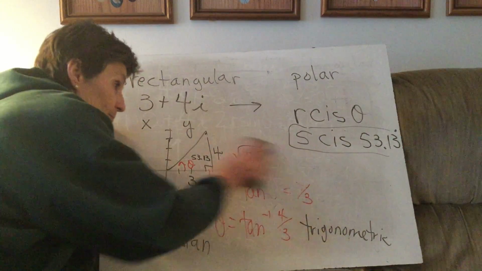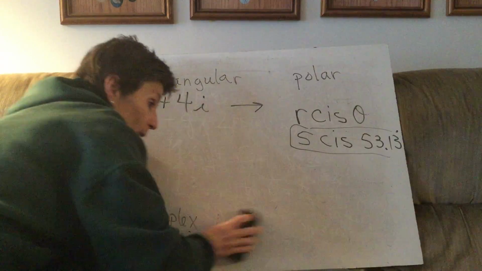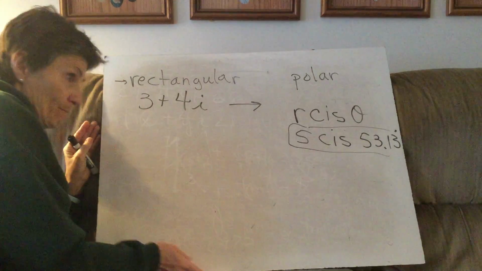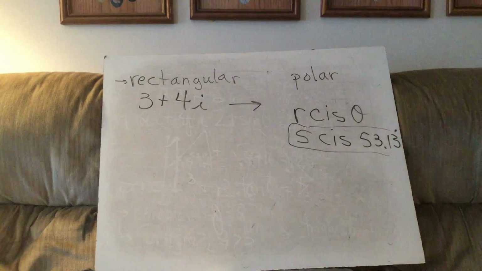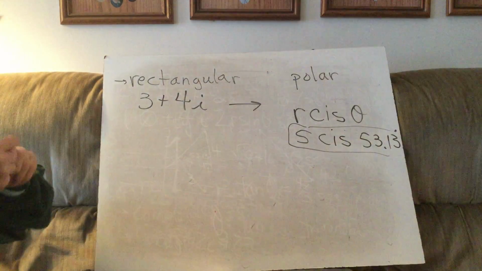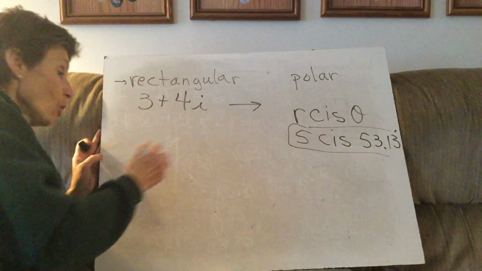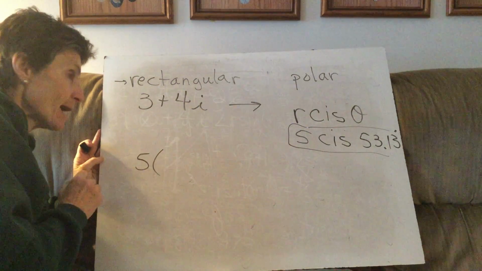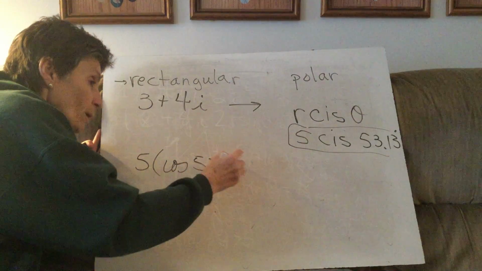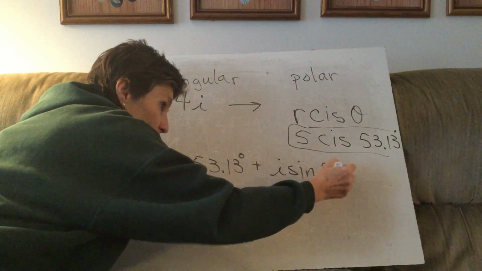This answer can actually be written a different way. Okay? So I'm using what's called the shorthand notation, but the longhand form of that would be 5 parentheses cosine 53.13 plus i sine 53.13.